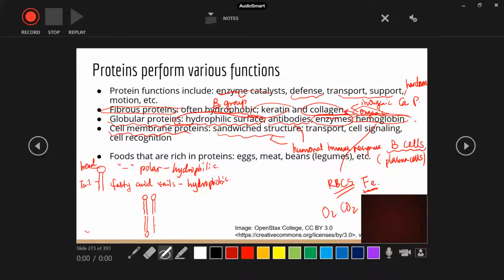And that's why we say the cell membrane backbone is a typical phospholipid bilayer, right? That bi means 2. So you have 2 layers of phospholipid. So this allows the fatty acid portion to be inside and not come into contact with water. So only the phosphate heads interact with the water because they're on the exterior.